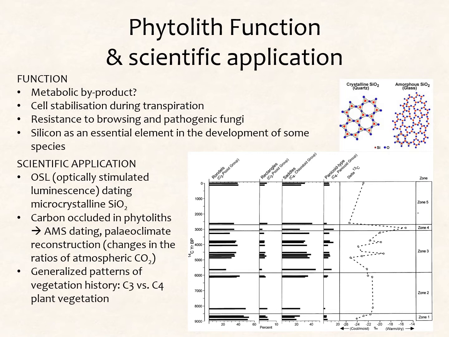Carbon occluded in phytoliths is the result of the trapping of plant cellular material during phytolith formation within living cells. It has been demonstrated that more than 50% of this encapsulated carbon is protected from oxidation and thus provides another source of paleo-environmental and paleoclimatic information.